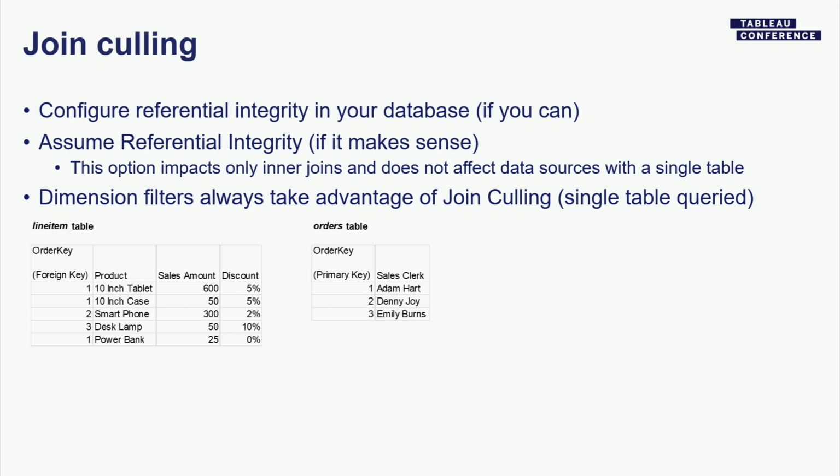It means that if I join table A with table B, I want to make sure that every value in the join condition columns is present in table A and also in table B. I don't want my join to filter rows, okay? If that is the case, you can tell Tableau to assume referential integrity.